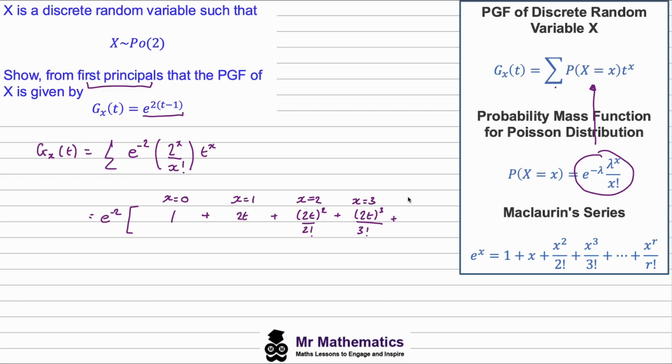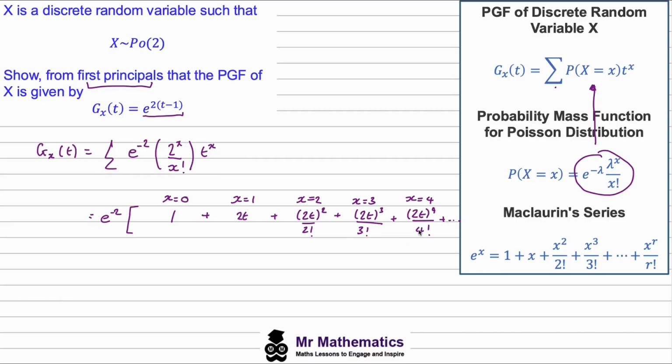What do you think the next term will be when x equals 4? So we'll have 2 to the 4 times t to the 4, or 2t all raised to the power of 4, over 4 factorial, and this will carry on.